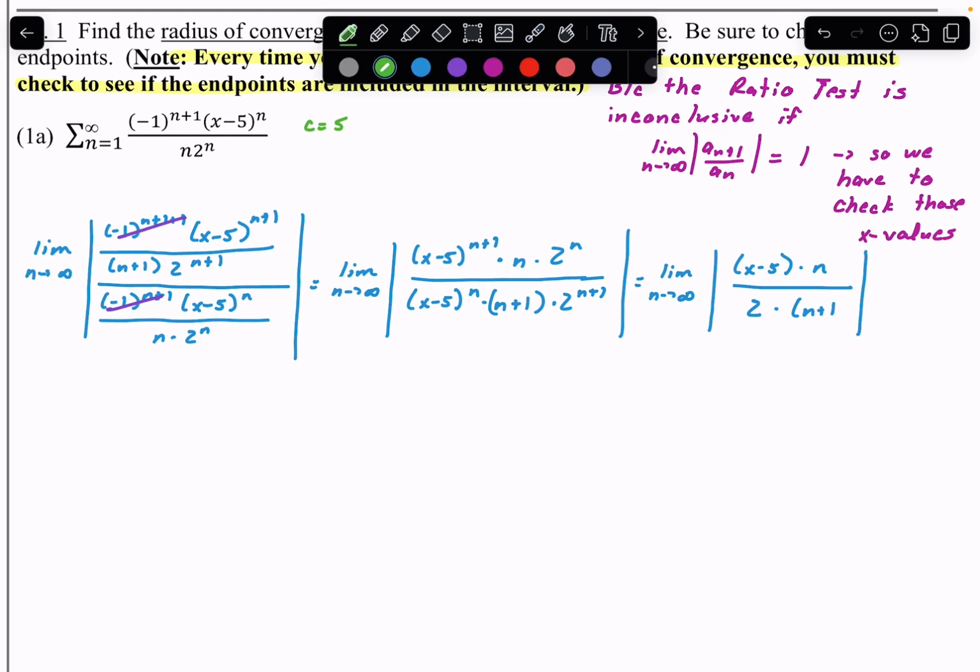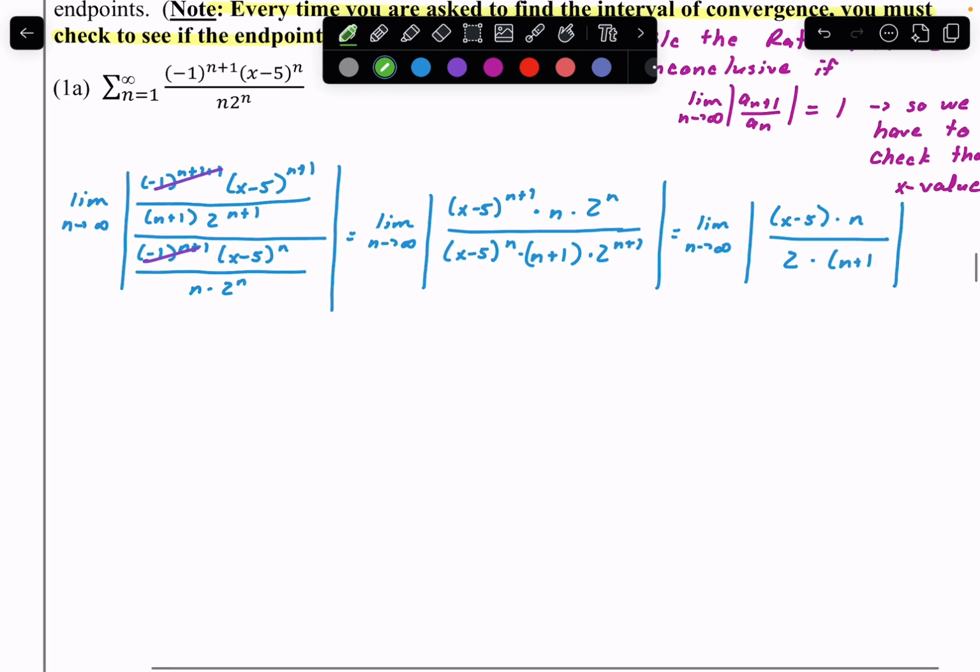I really encourage kids to do that because sometimes it's tempting to plug in infinity where x is. So I'm going to encourage you to move this to the front if necessary. So equals x minus 5 over 2 times the limit as n goes to infinity of n over n plus 1.